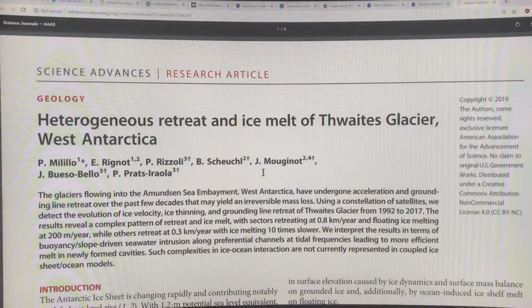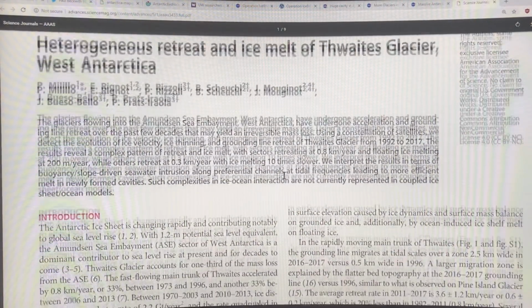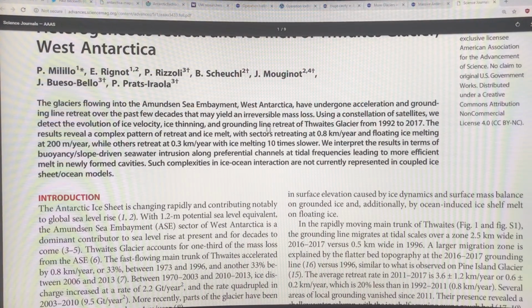Okay, so this is a paper that just came out, Heterogeneous Retreat and Ice Melt of Thwaites Glacier. The glaciers flowing into the Amundsen Sea embayment, West Antarctica, have undergone acceleration and grounding line retreat over the past few decades that may yield an irreversible mass loss.